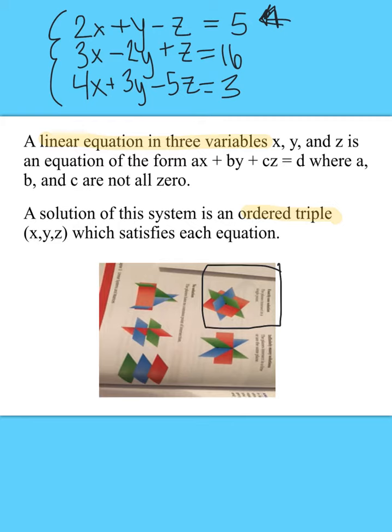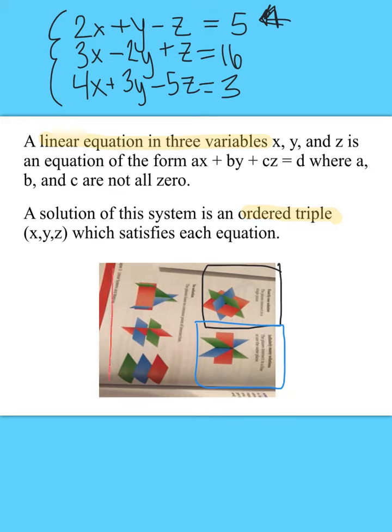Hopefully you can see that little black dot in the middle where they all three intersect. And this one over here says infinitely many solutions, because when those three planes intersect, they actually form a line, and if you squint your eyes you can see that black line there at their intersection.